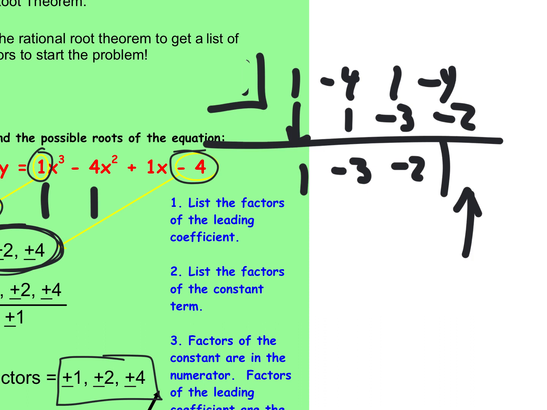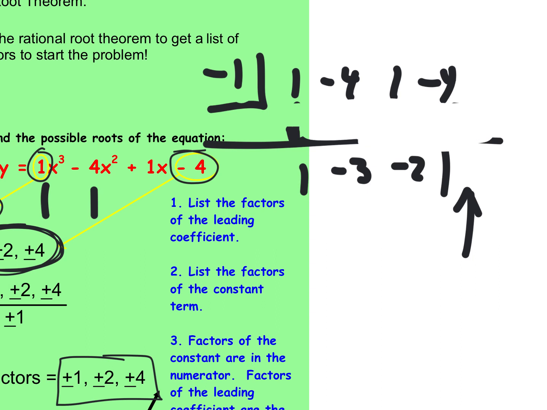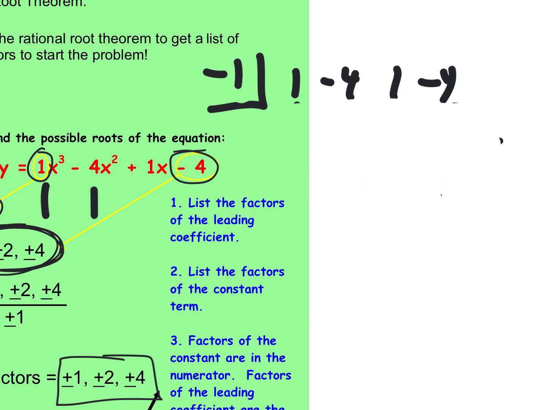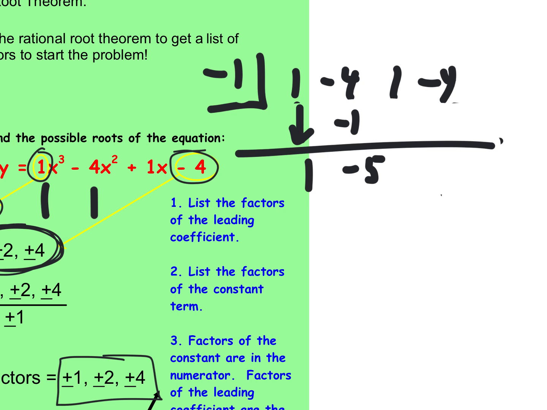Then if I want to save some time, I can just go right here and try negative 1, and just leave the same numbers. You'll get really fast at synthetic. I can look right there and go, 6 times negative 1 is not negative 4. Didn't work. So it wasn't 1 or negative 1.